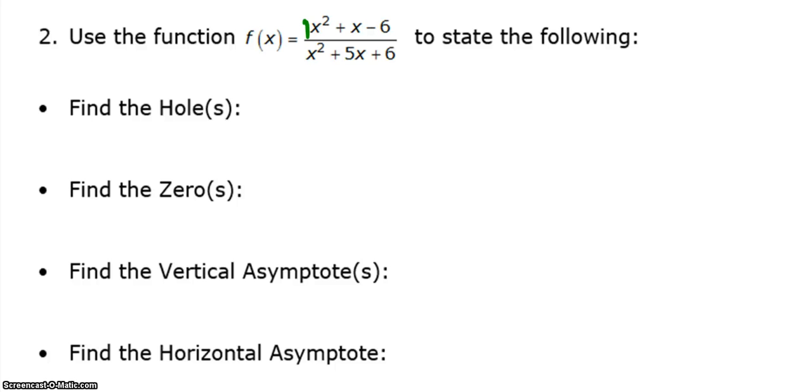The answer would be a positive 3 and a negative 2. So up top, I'm going to have x plus 3 times x minus 2, because positive 3 times negative 2 is negative 6, and then 3 minus 2 is positive 1.